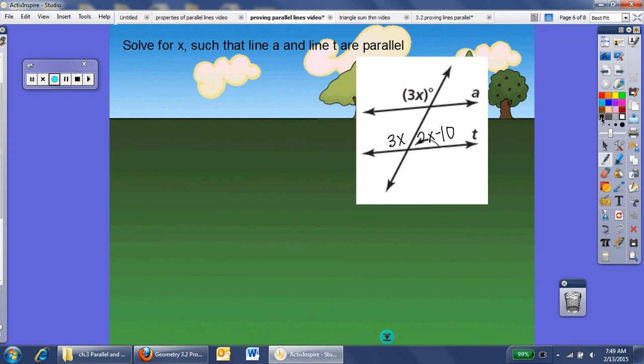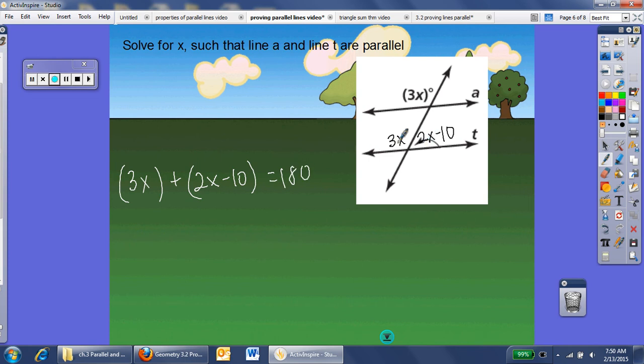Okay, now that the angles are next to each other, it's a little more obvious that these angles, 3x and 2x minus 10, are supplementary. They're right next to each other. We know that supplementary angles add up to 180. So 3x plus 2x minus 10 has to equal 180. Let's write this out. 3x, there's one angle, plus 2x minus 10, there's a second angle here, has to equal 180.